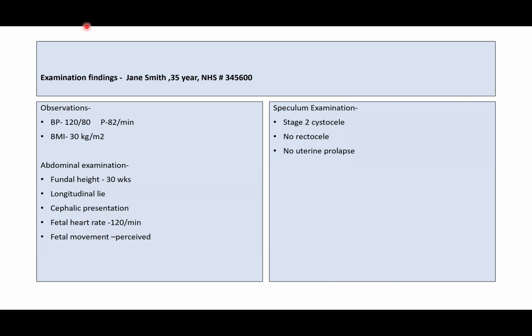Your BMI is a little bit on the higher side, that is 30 kg per meter squared, which means the height to weight ratio is on the higher side.